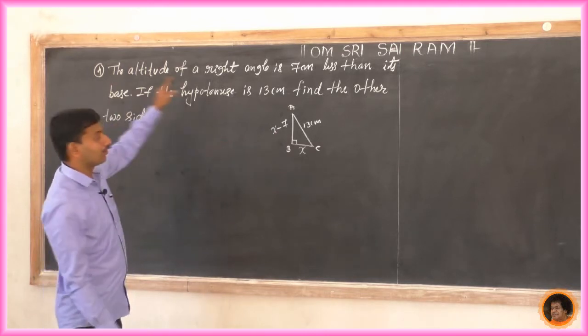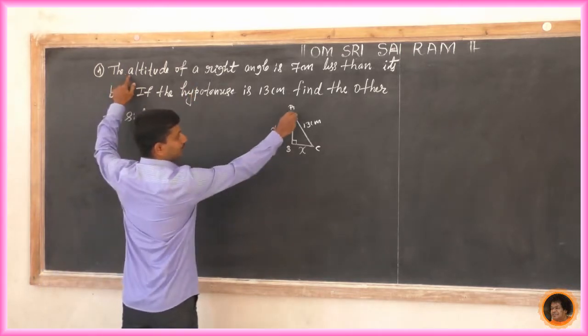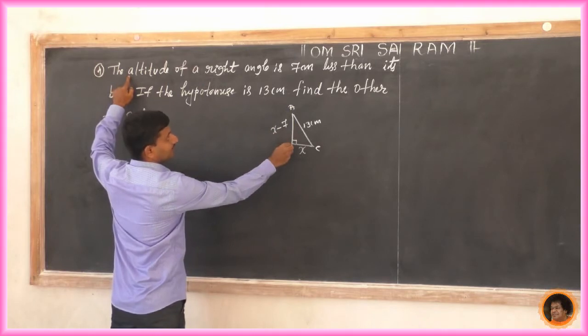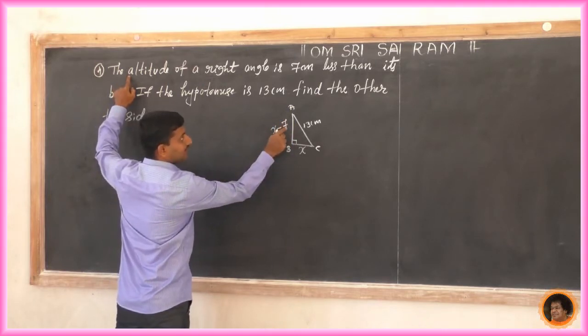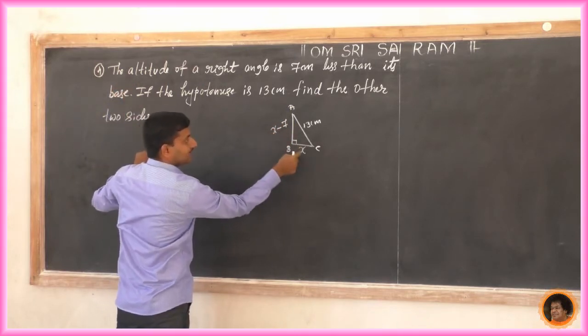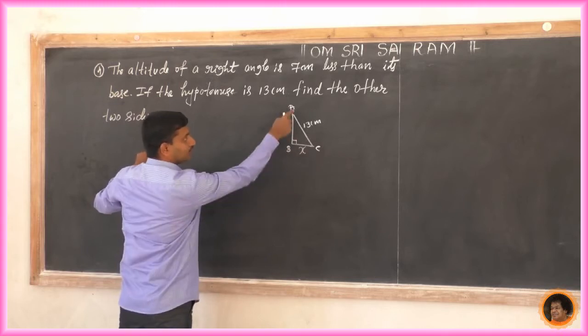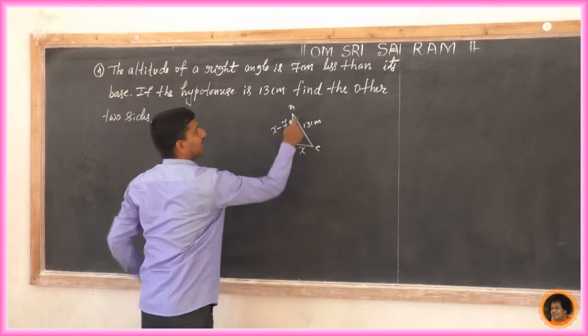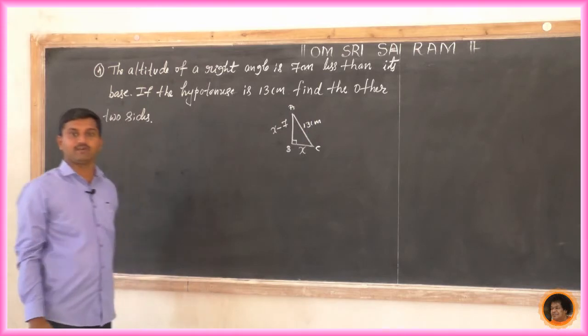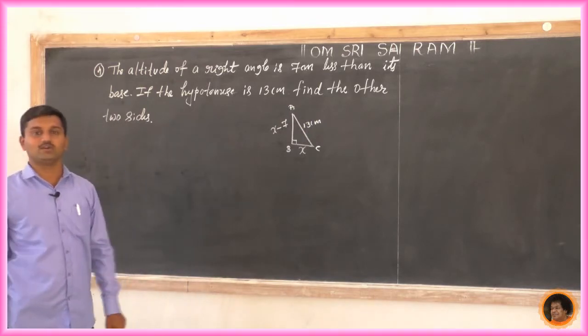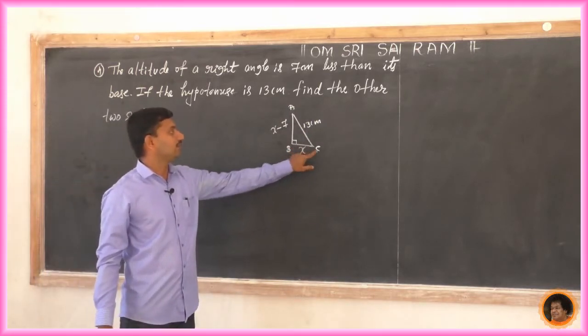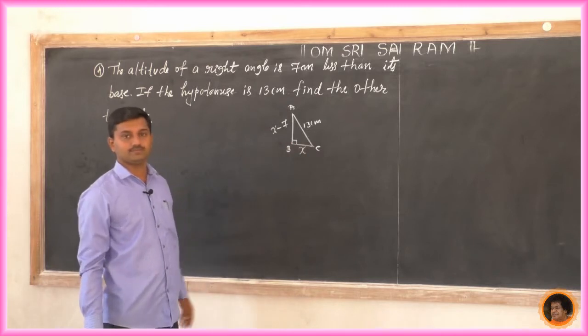So once again read the problem. The altitude of a right angle triangle is 7 centimeter less than its base. So base is x, the altitude is x minus 7, and the hypotenuse is given, that is 13 centimeter. Find the other two sides. So we have to calculate the length of BC as well as AB.